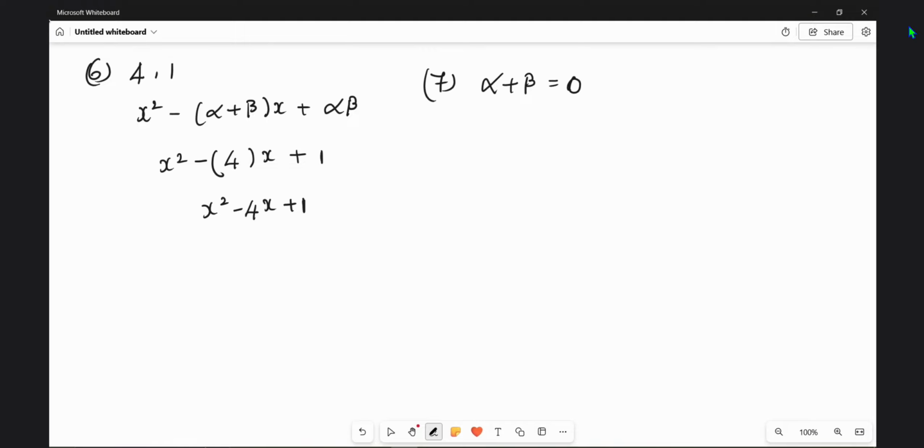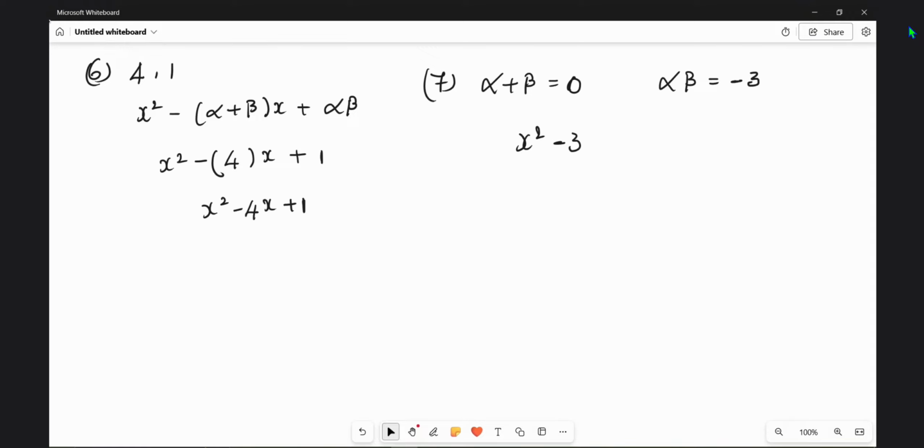Okay, then alpha into beta is equal to minus 3. x square minus 3, correct. You will get it as x square minus.